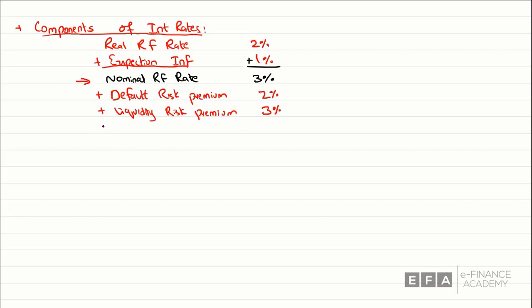Finally, the last one is the maturity risk premium. Now, you could think of it this way: let's say you have two options to choose from. You have a 10-year bond that you could buy, or you could buy a 20-year bond.